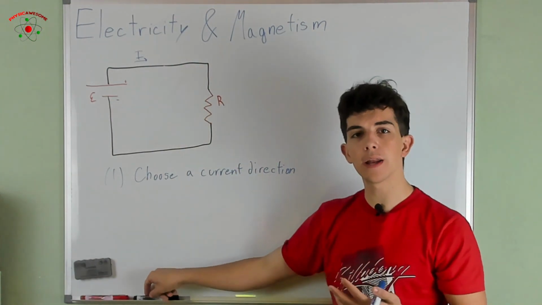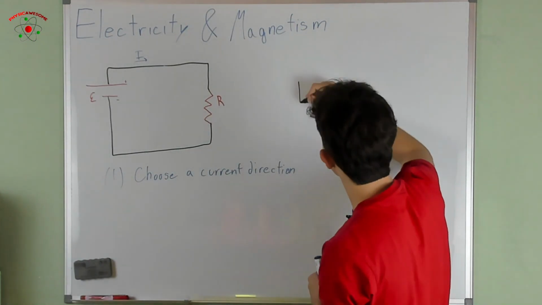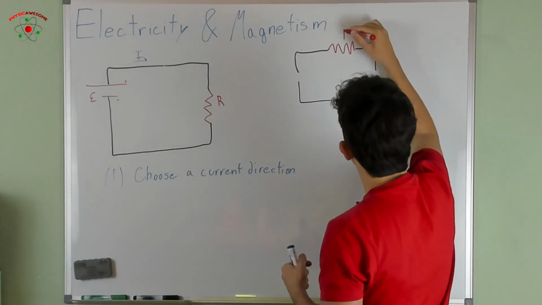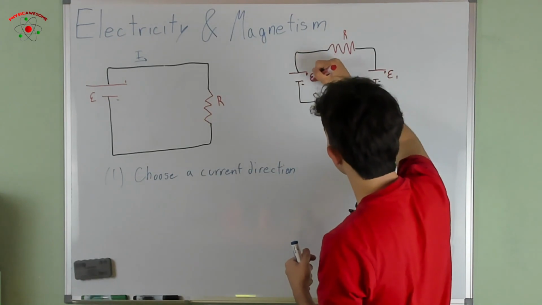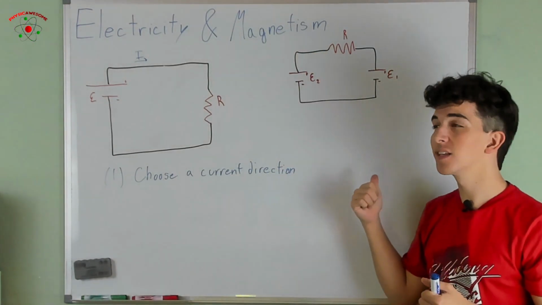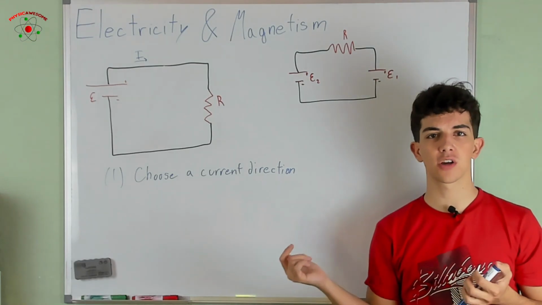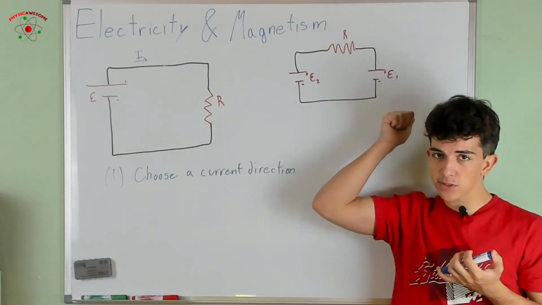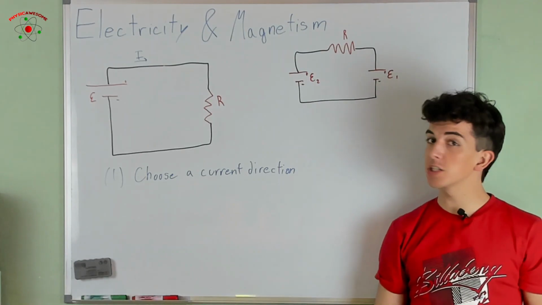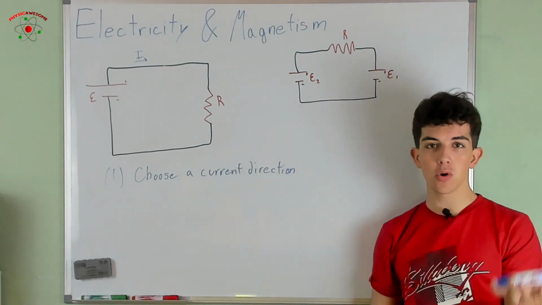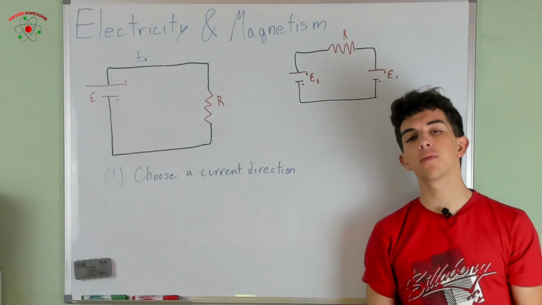Imagine that we had a circuit such as this one. In this case, it's not as easy to determine in which direction current is going to go. Is it going to go in this direction, or the other? Which battery is more powerful? And if we have more elements and loops, it's going to be really complicated.